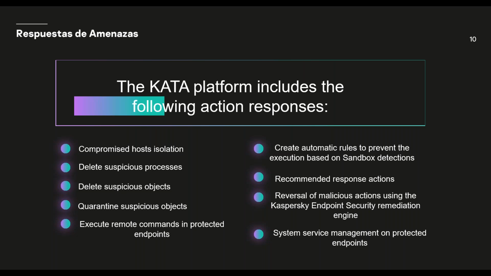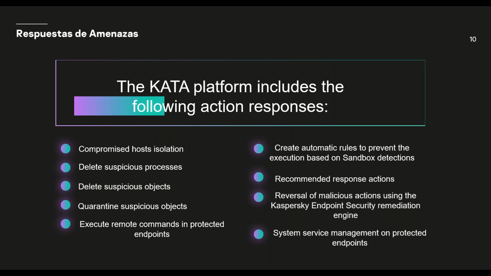We can delete any suspicious process or suspicious objects. We can even quarantine them. We can execute remote commands in protected endpoints in order to, for example, isolate a specific endpoint that we're not physically close to, but we can do it remotely.